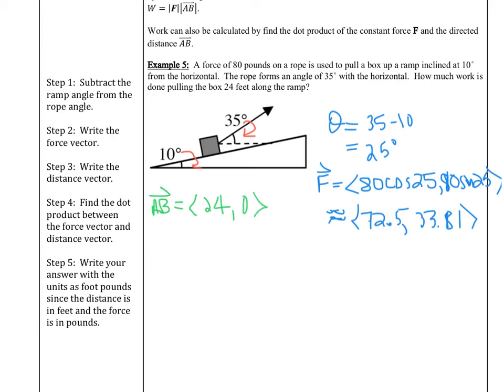To get the work, how much work we have to do to get this box up the ramp, we're going to multiply our vectors together. We take our force vector and multiply it by the distance vector, so we've got the force times our 24, 0.